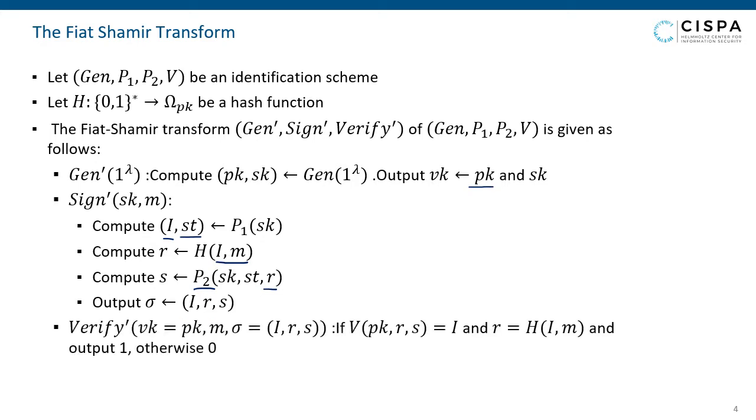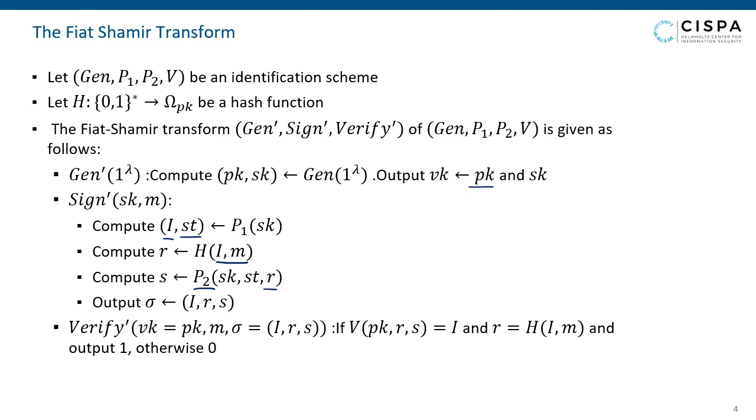Well, given a verification key, a message M, and such a signature sigma equals (I, R, S), if it holds that V of PK, R, and S equals I, that's the verifier algorithm for the identification scheme, and R equals the hash of I and M, then we accept, otherwise we reject.